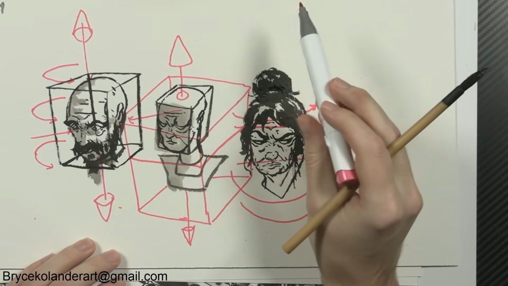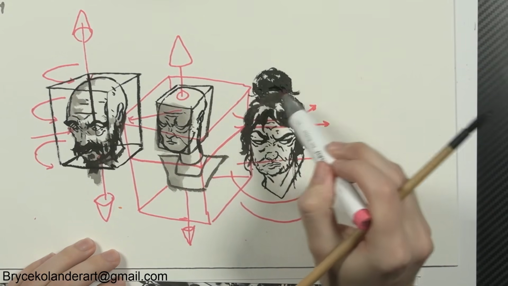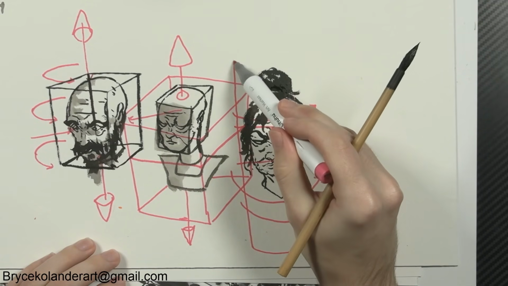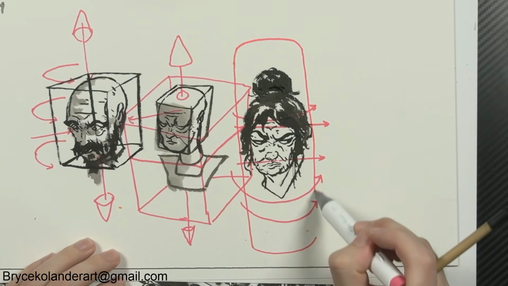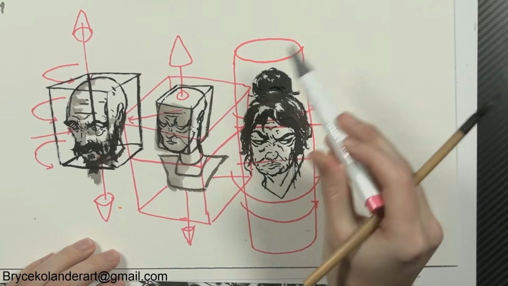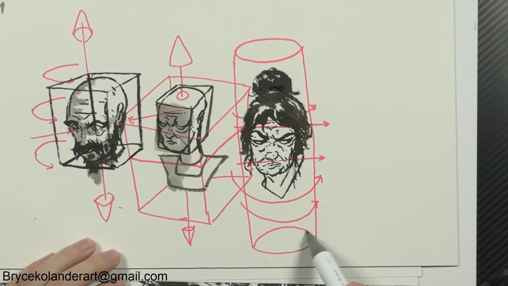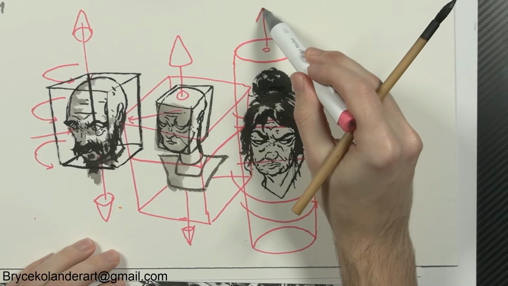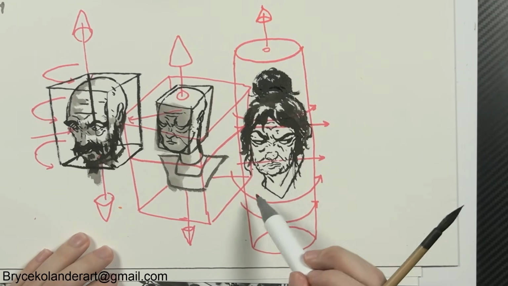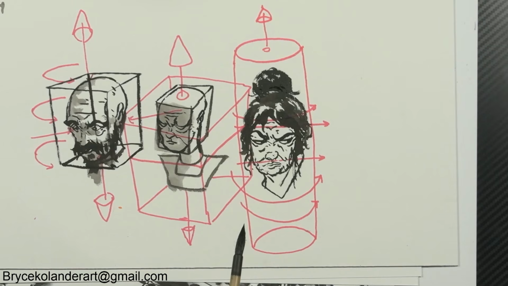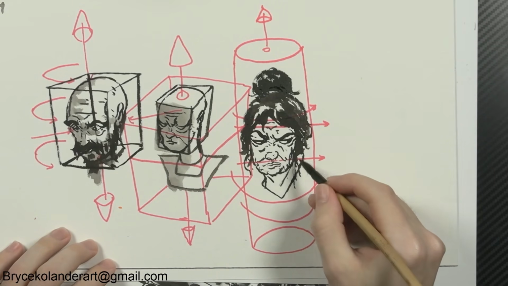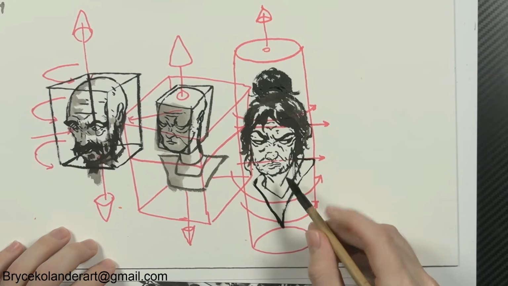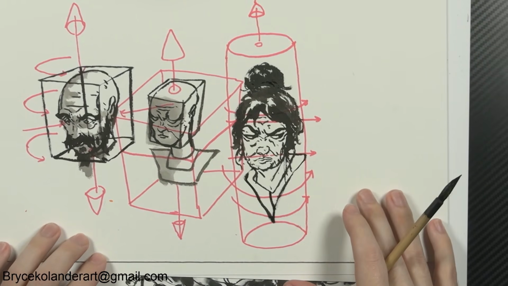And you could picture it as more of a cylinder or a tube, and the top will be there and the bottom there, and this is looking more upward.